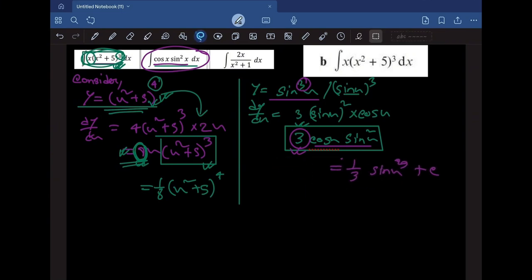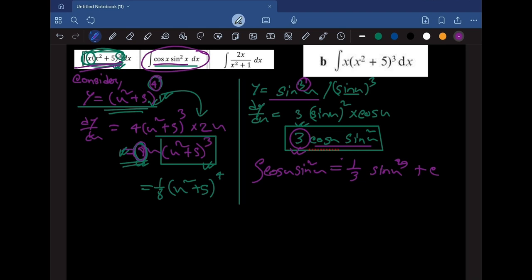The integration of cos x sine squared x is equal to this. So basically, when we differentiate by increasing the power by 1, the answer of the differentiation will be a little bit different from the actual question.